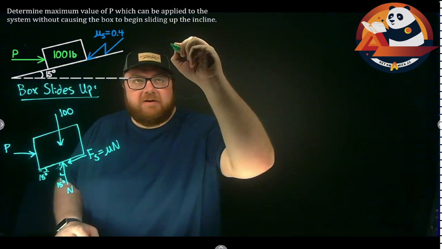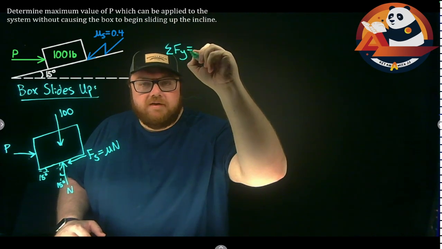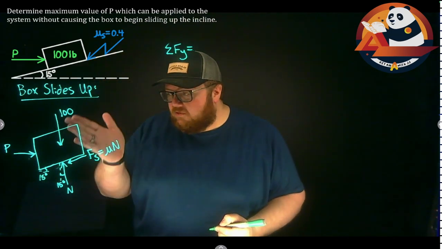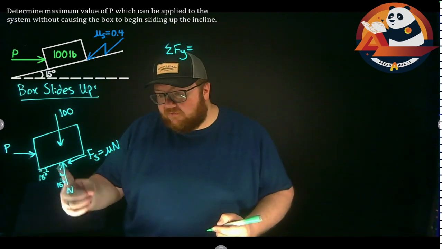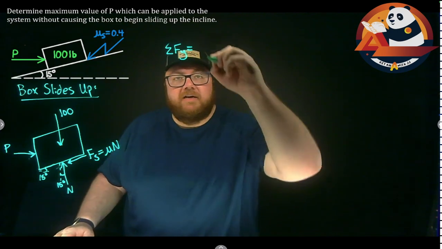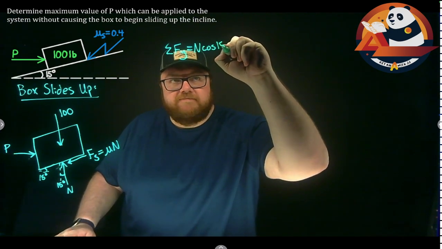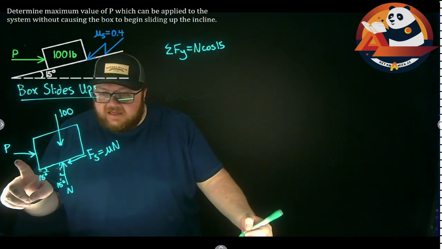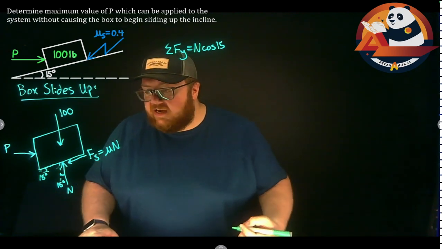I'm going to start by summing forces in the y direction. If I sum up my forces in the y, I'm going to have, well, my normal force has a y component. I'm coming from vertical on that, so I need to use cosine. So this is N cosine of 15 will give me the y component here. P is only in the x. My Fs has a normal force, so let's get it in here.